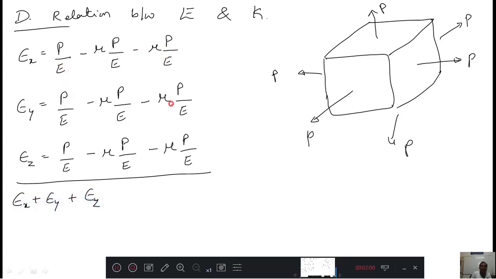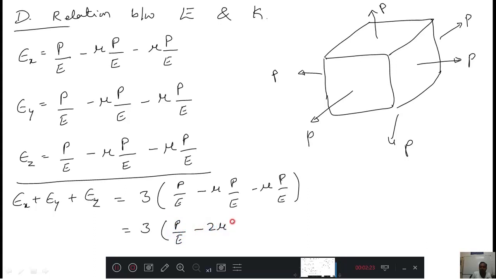All three equations are the same, therefore I can directly sum it up as 3 times P by E minus mu times P by E minus mu times P by E. I can simplify this further: 3P by E minus 2 mu P by E. If I take 3P by E common, I get 3P by E times (1 minus 2 mu).